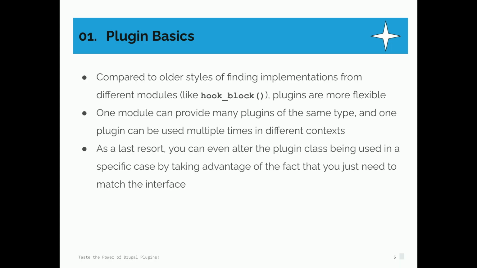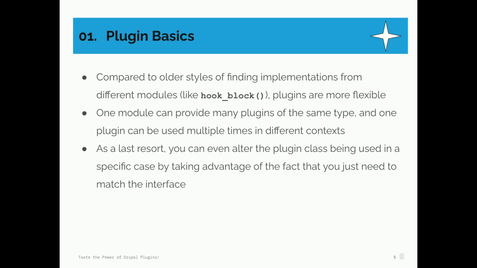One module can provide many plugins, so it's not one-to-one. That can be many plugins of the same type or many plugins of different types. And again, one plugin can be used multiple times in different contexts. We'll come back to it at the end, but there's also an alter hook involved here. So you can also, if you need to, alter what's happening, either from another module or from Drupal core.